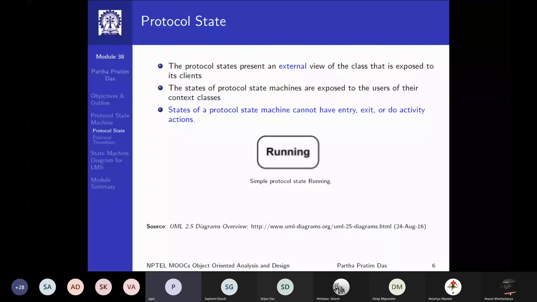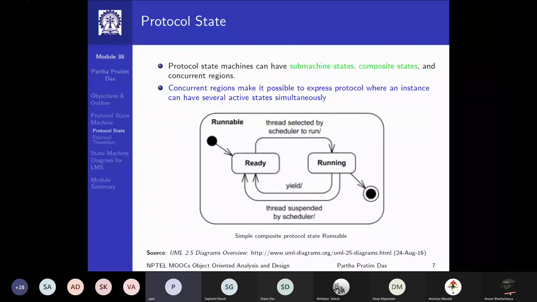So like in here, the part of the process state. It's ready to running. You are not describing much in terms of what this ready means, what this running means, what is inside, but what you want to focus on is the transition. That protocol is: thread selected by scheduler to run. Then it goes here.